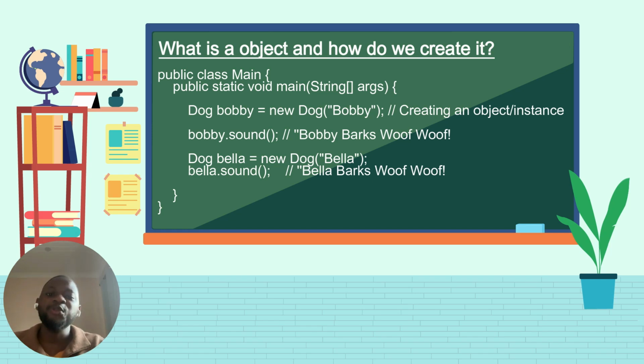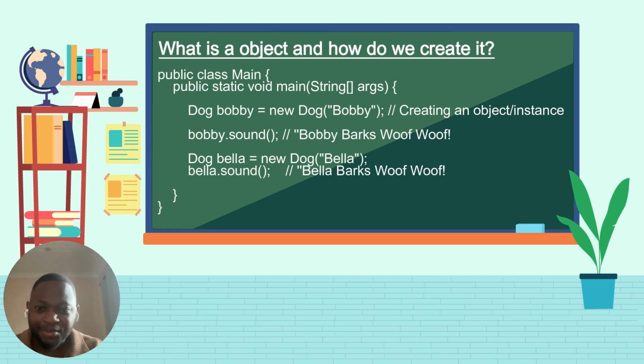As you can see here, we pass in Bobby as a string. Bobby will be the name of the dog, and below that we have Bobby.sound. With .sound, we're invoking the method. We're calling the method, and when you call the method, we should have "Bobby barks woof woof" printed out on our console.